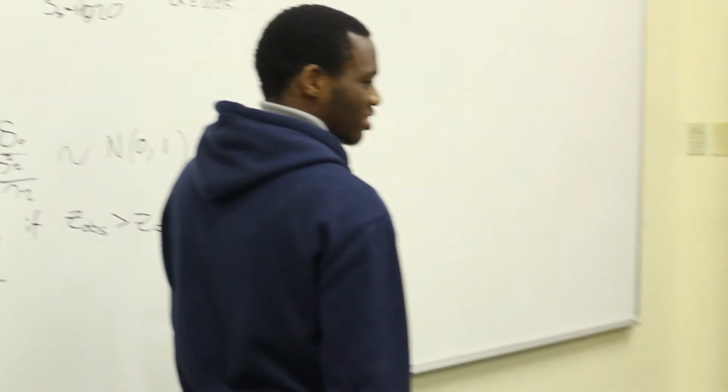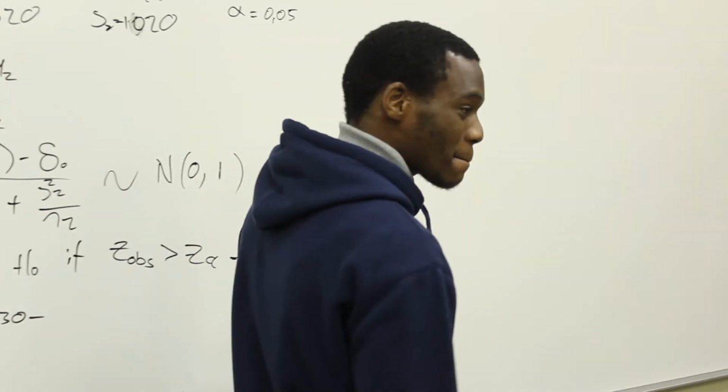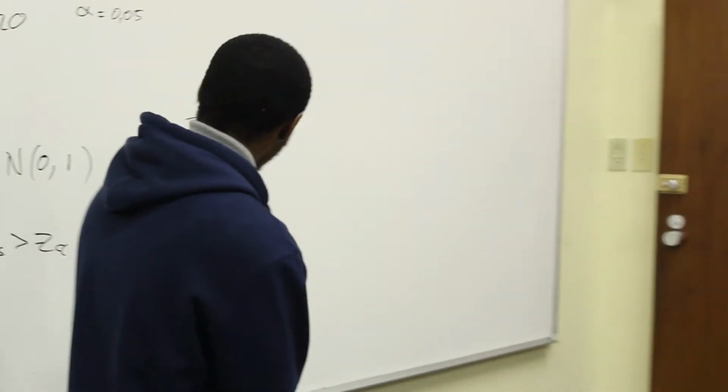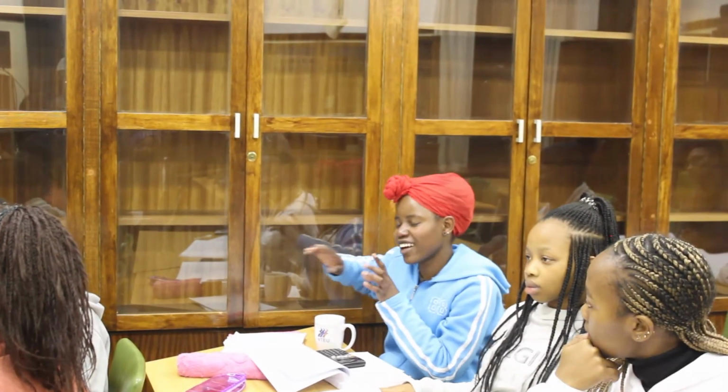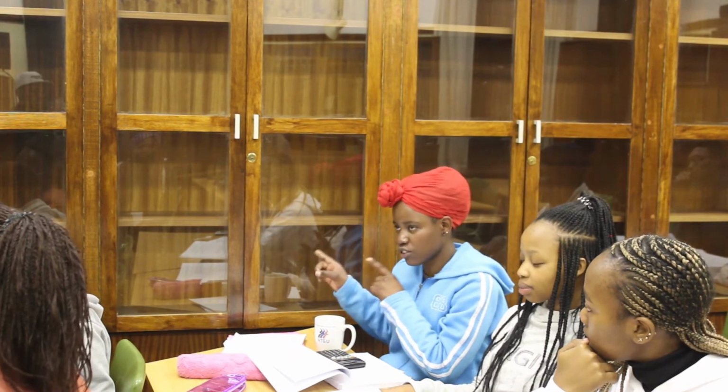What I understand is that the tail of your sign should always face the rejection region.